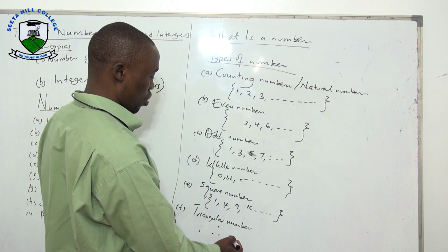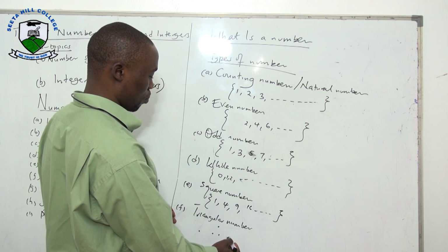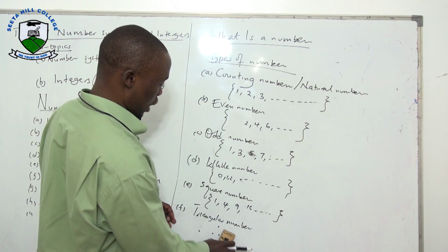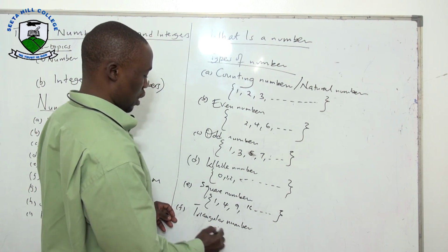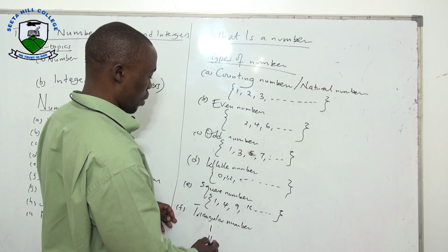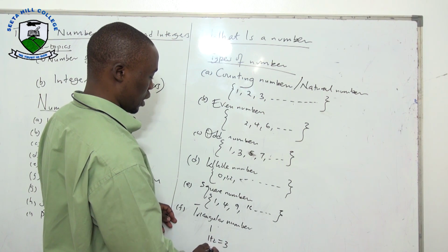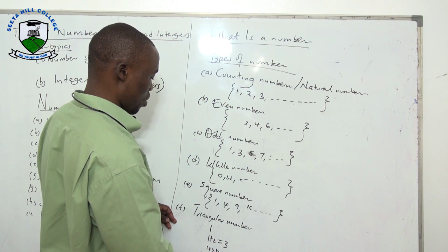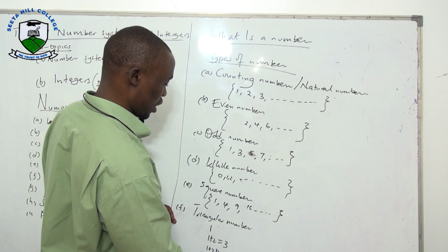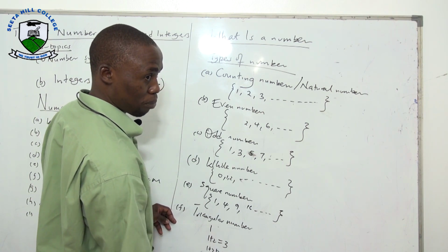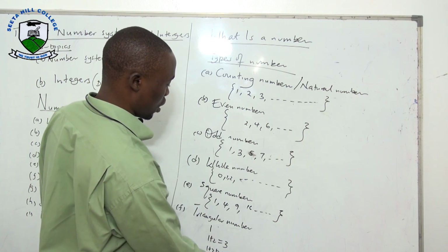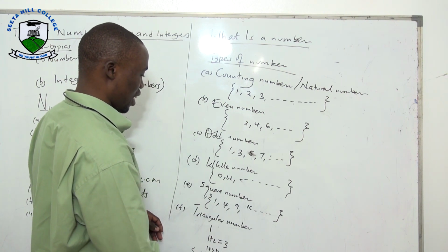The first is 1. The next is 1 plus 2, 3. Next, 1 plus 2 plus 3, 6. That means you have 1, 3, 6. Next, what would be? 10. So it is. Okay, you are done.